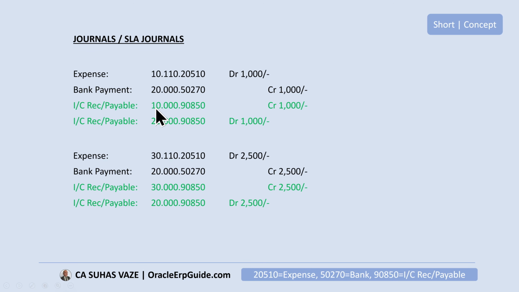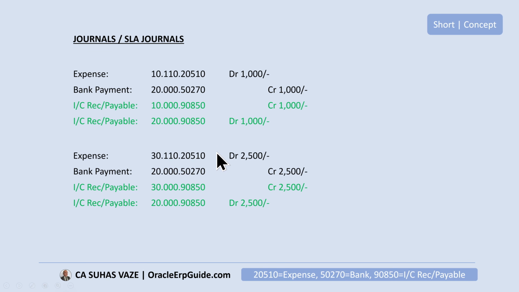And company 10 is recording an intercompany payable, which is the credit, to company 20. In the second example, company 20 is recording a receivable from 30 for 2,500 and company 30 is recording a payable to company 20 for the same amount.